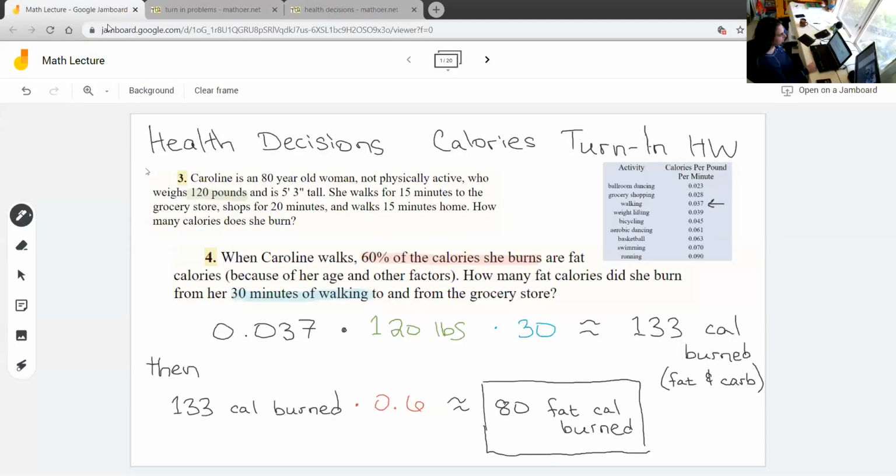I'm going to put that one there so people can see it if they need. Can we try number 9 on calories? Number 9 on calories. Oh, okay.